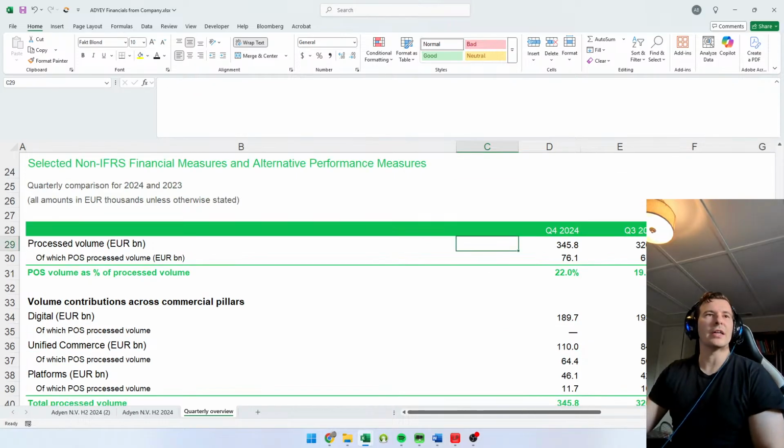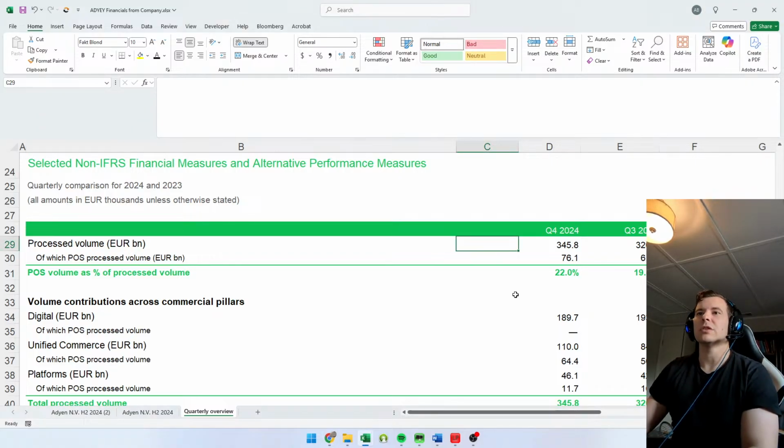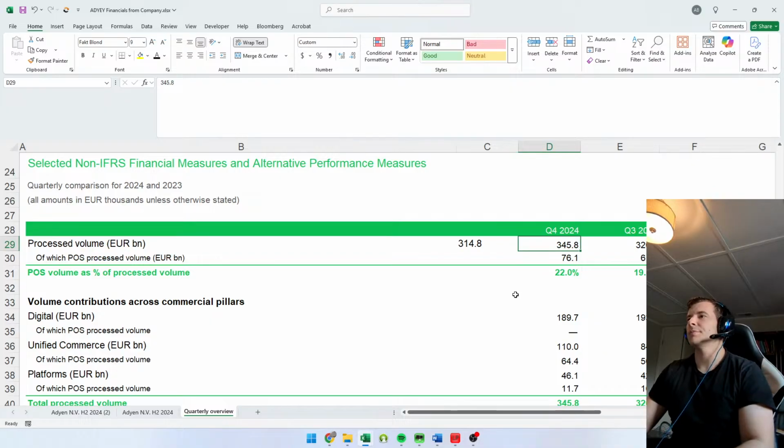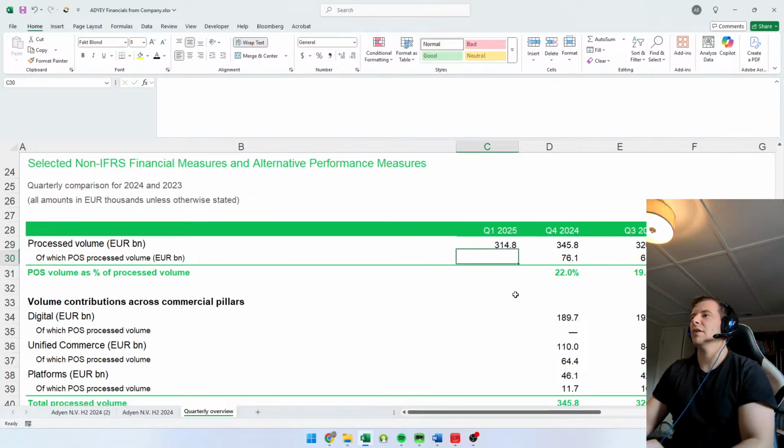I don't think they provide an update on processed volume or any of this. Oh, they did, and I missed it. So let's do that. 314, spot 8. This is Q1 2025.